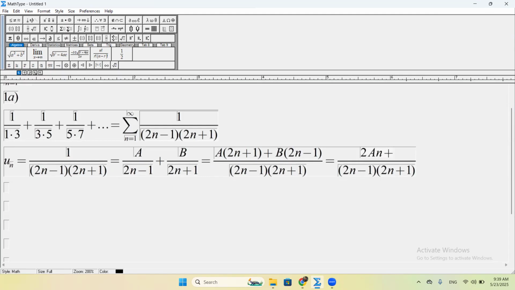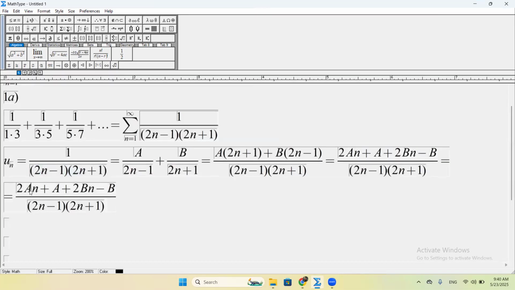2an plus a plus 2bn minus b. So regrouping all coefficients: (2a plus 2b) n plus (a minus b).